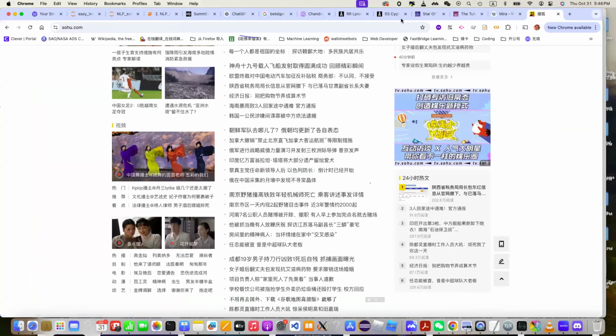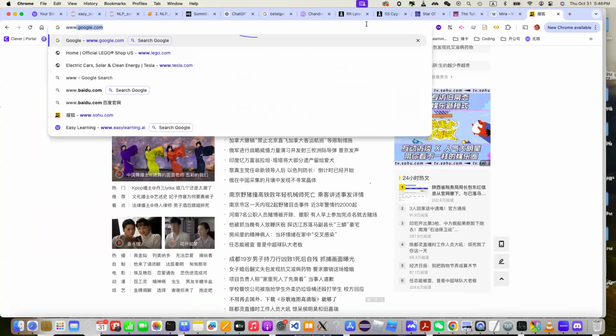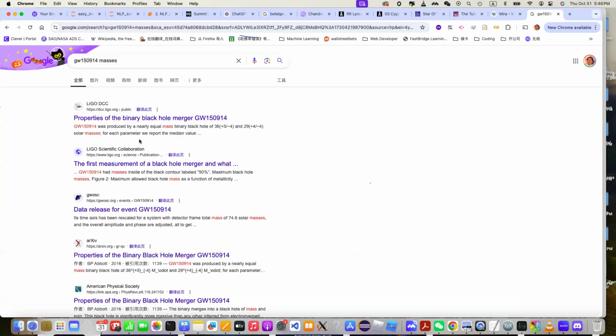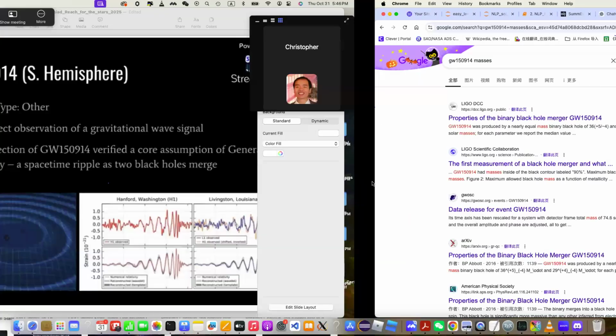Let's try to look it up. The masses: one is 36 plus 5 minus 4 solar masses, and one is 29. Very big, much bigger than a white dwarf.